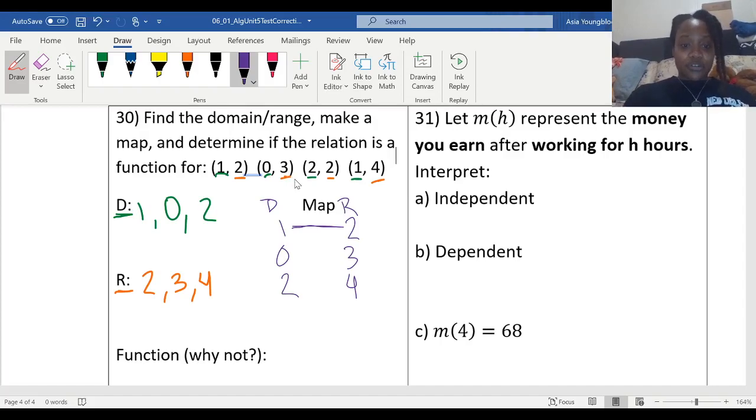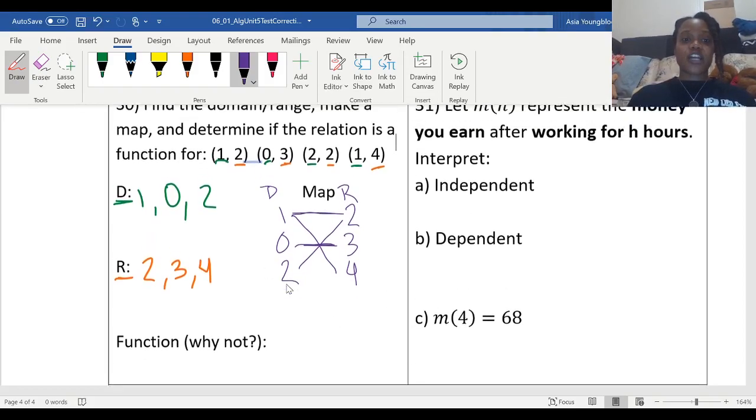To show that, we're going to draw another line from 0 to 3. Third one, x is 2, y is 2. We need to draw a line from 2 to 2. And the last one, when x is 1, y is 4. Draw a line from 1 to 4. So this would be how you would represent this relation of ordered pairs as a map.